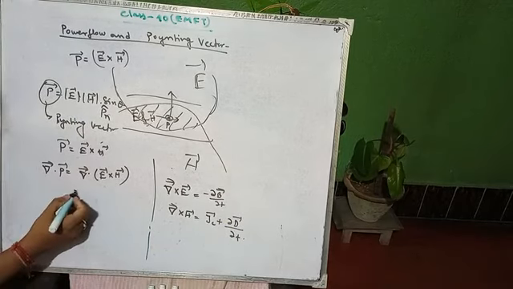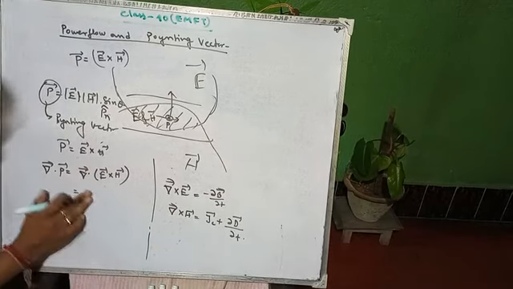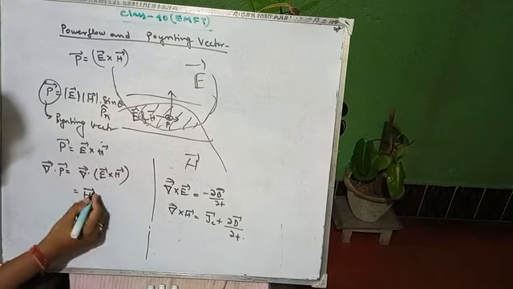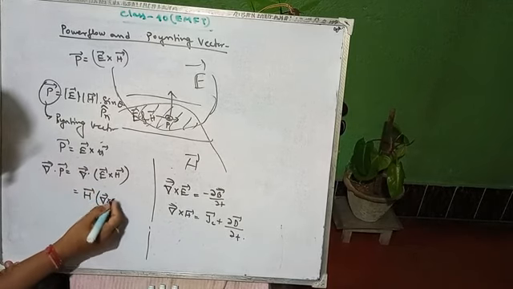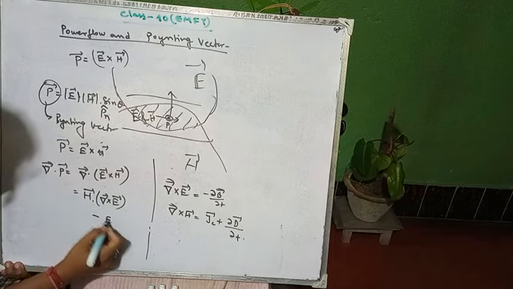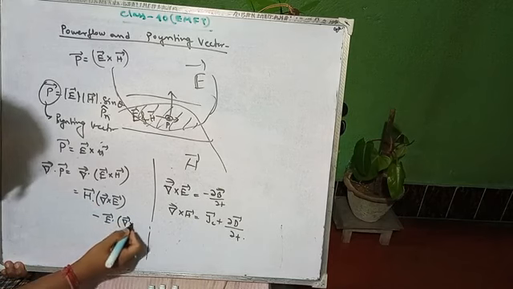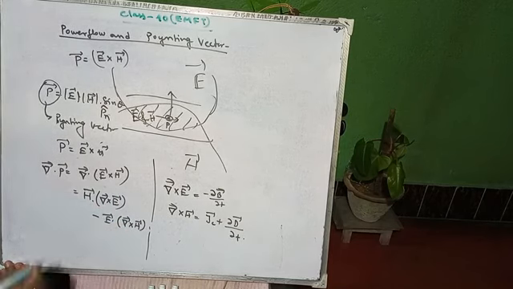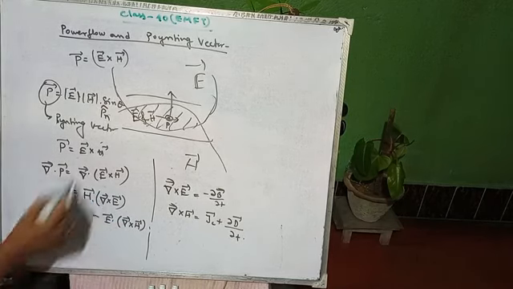If we segregate it, it represents H dot curl of E minus E dot curl of H.